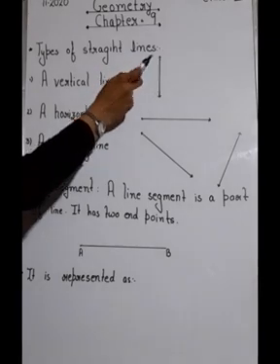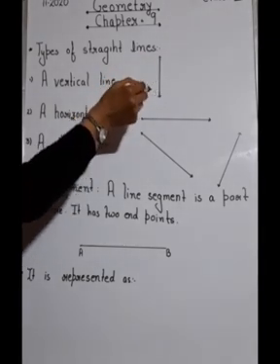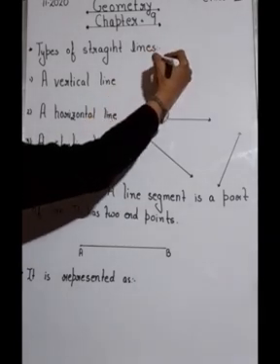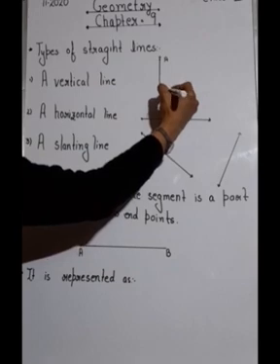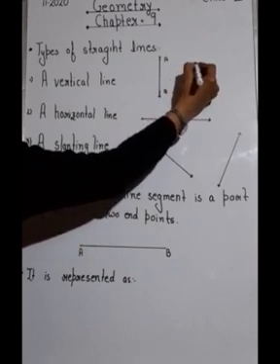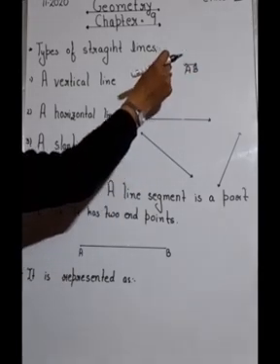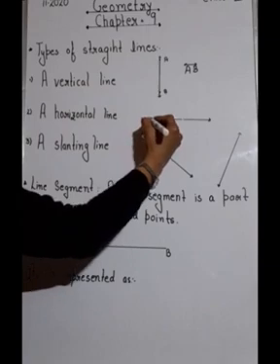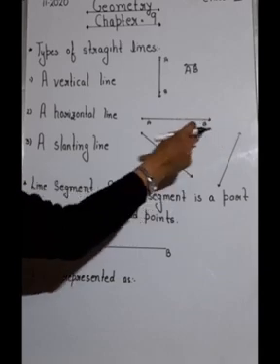Here this is your vertical line, or you can say standing line. As it is a line, I can mark two points, A over here and B over here, and name it AB with this symbol over it. You can write AB or BA, both are the same. Similarly, this one is your horizontal line, also known as a sleeping line.